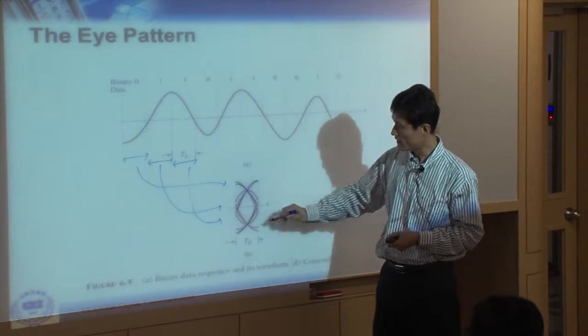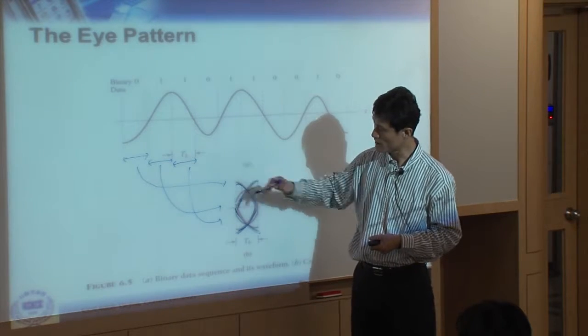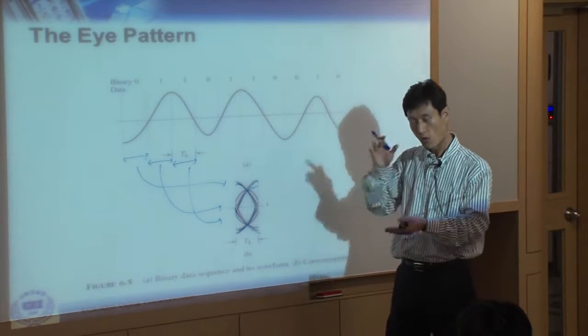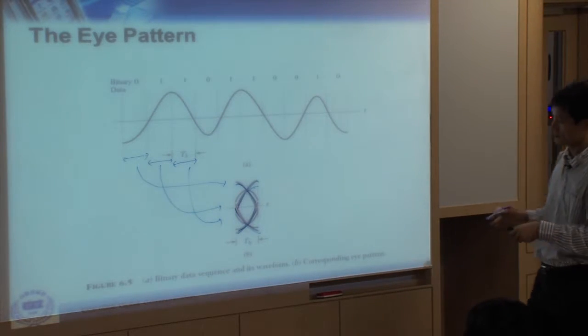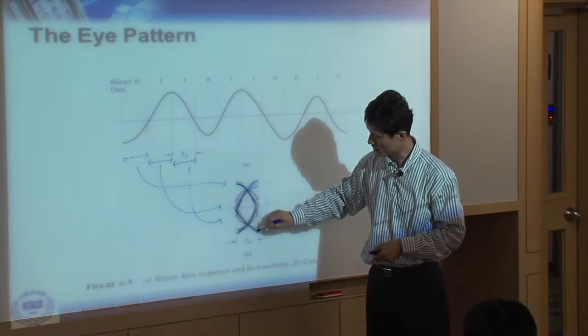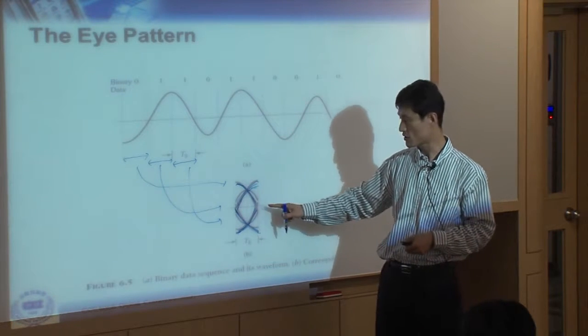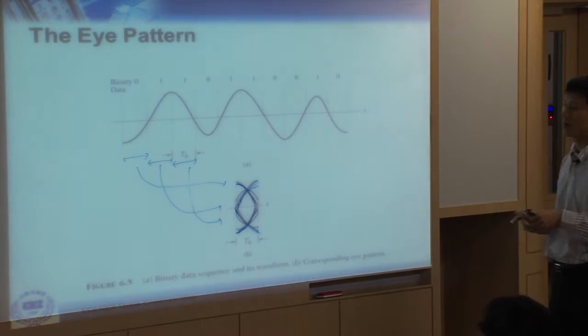Once you do that, we keep drawing each one of these in this picture. So overlap and overlap all of these samples, right? Then we keep doing it. Eventually, we are getting this kind of picture, and this picture looks like an eye. That's why we call that eye diagram or eye pattern.